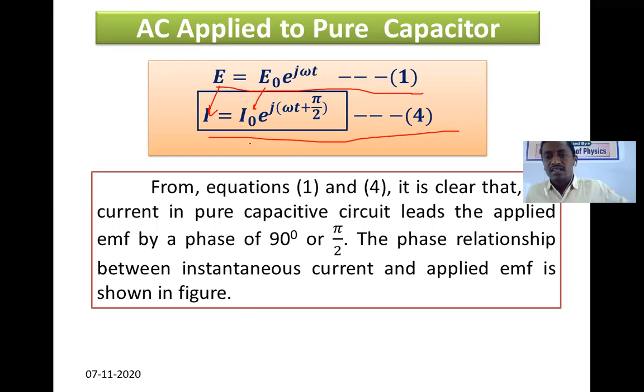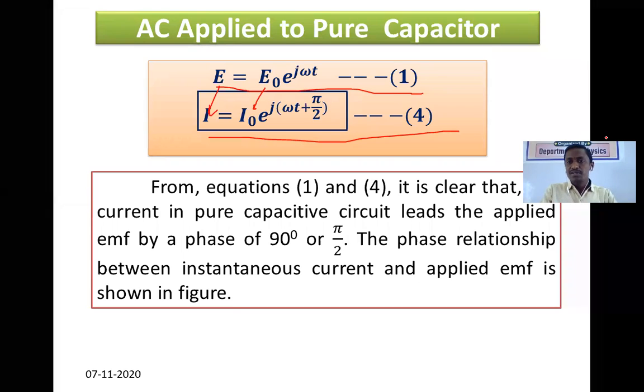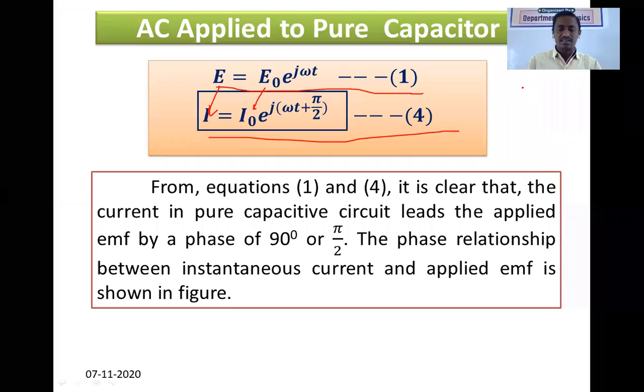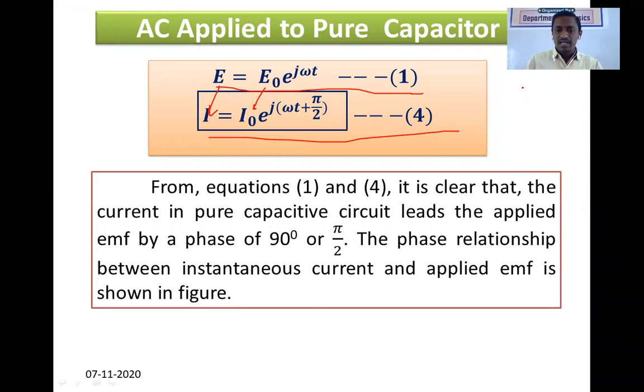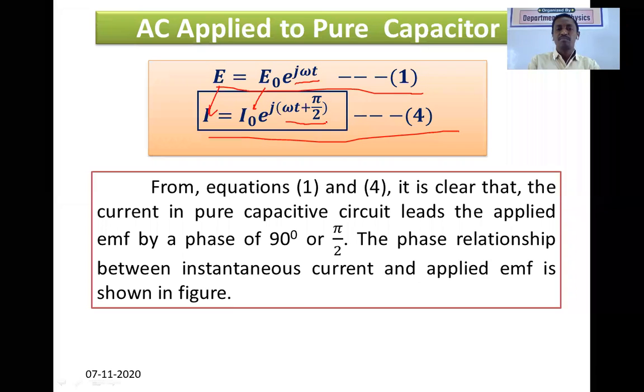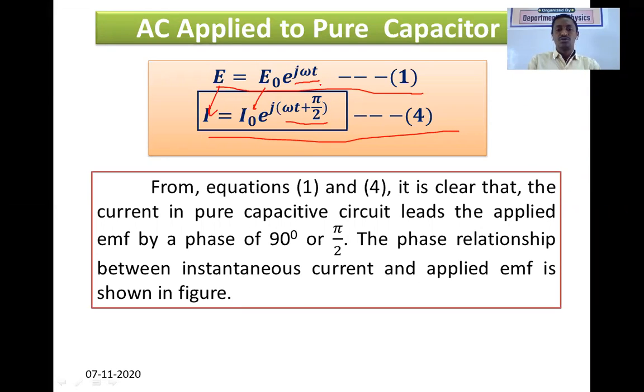So whenever the AC voltage is applied to the pure capacitive circuit, the amplitude of instantaneous current decreases by some factor. Comparing the phase, the phase of AC voltage is omega t and the phase of the AC current is omega t plus pi by 2. So the phase of the AC current is more than that of the AC voltage.